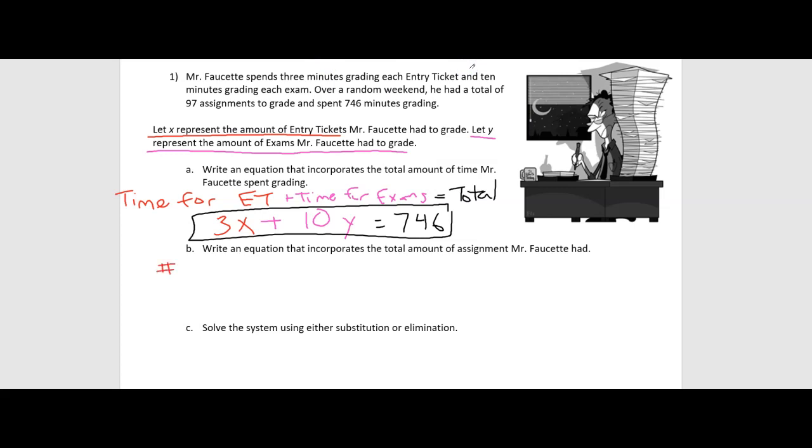All right, so number of entry tickets plus number of exams. Right, that should equal the total. Well, the total amount of entry tickets I had, that's just X. I've already underlined that right here.